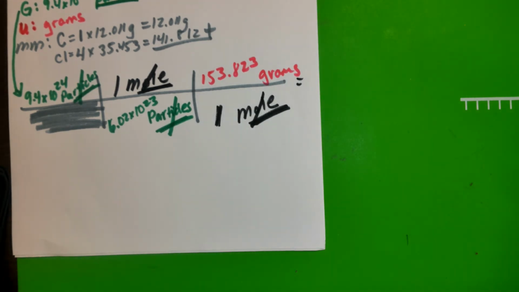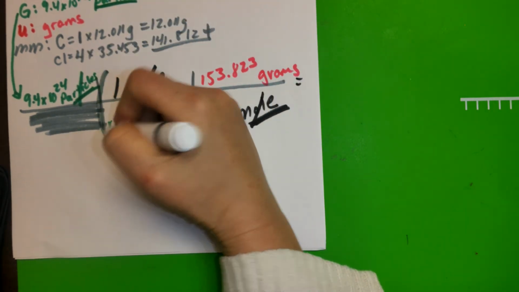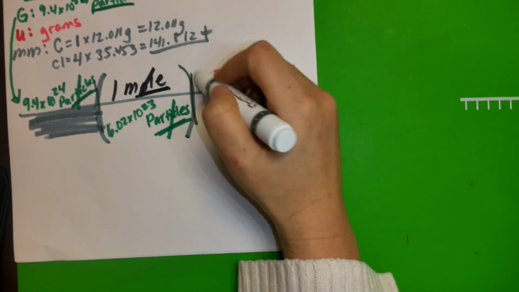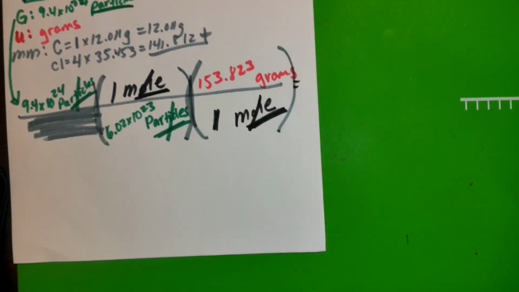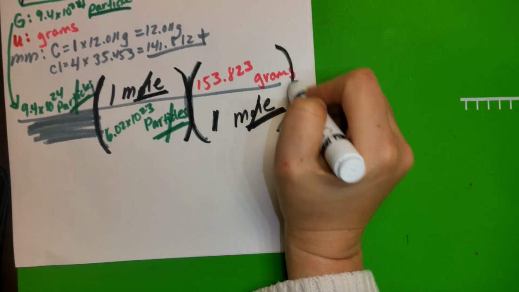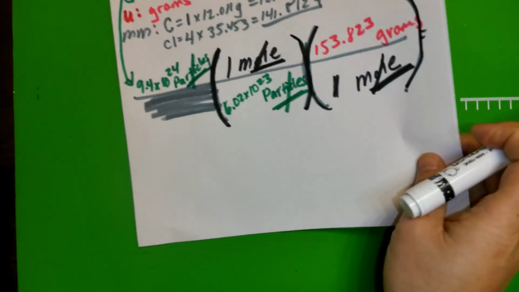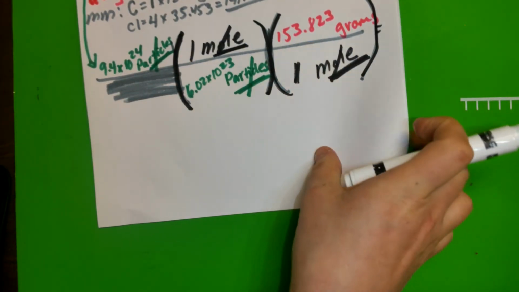One way to do this is with parentheses, and another way to write it is the 9.4 times, and then these two parentheses.